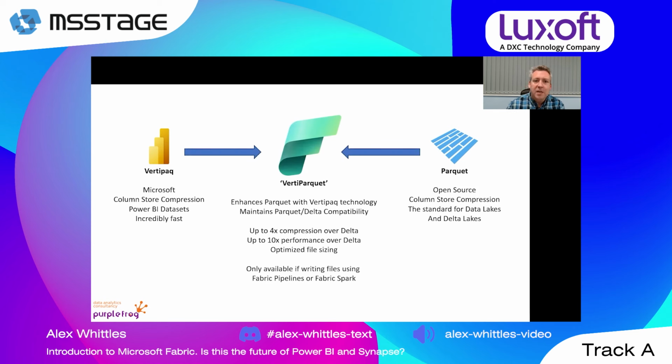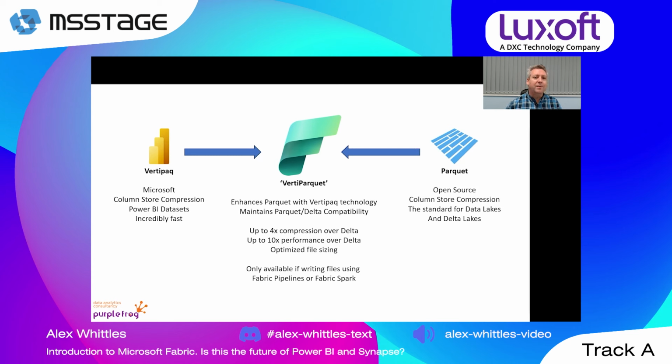We end up with VertiPaq, where we take the benefits of Parquet, the compression and performance of VertiPaq, and we create the file format that is native to Fabric. It enhances Parquet with VertiPaq technology, but critically, it maintains full compatibility with Parquet and Delta. So if we write a file to Fabric using Fabric data flows, pipelines, or notebooks, it can still be read by Databricks.